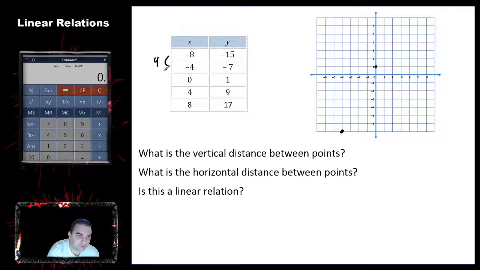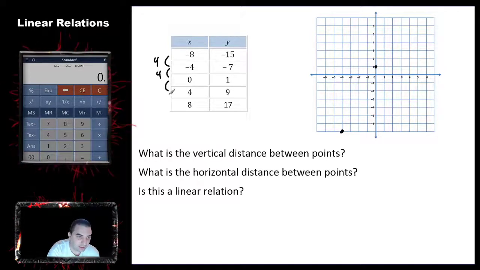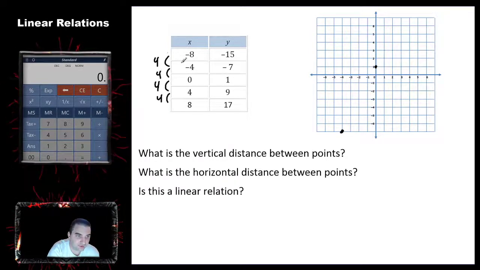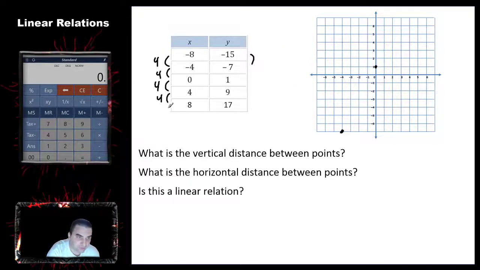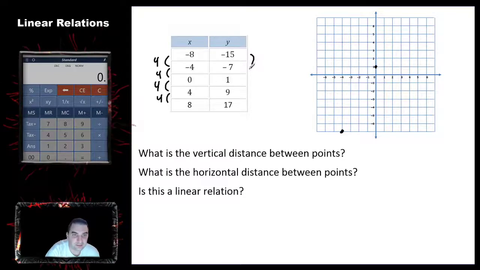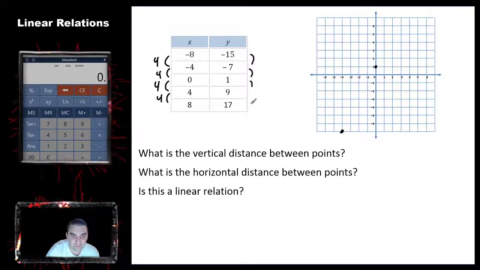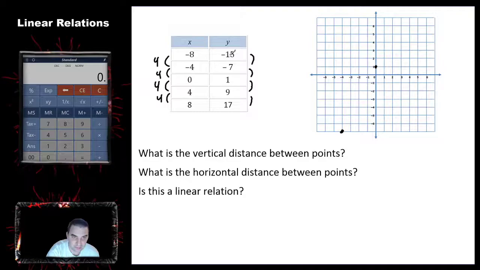So this is changing by 4, and this is changing by 4 and 4 and 4. So none of that changes, so I don't have to worry about that thing I did in the last one. If none of these are changing, then none of these steps should be different either if it is a linear relation.